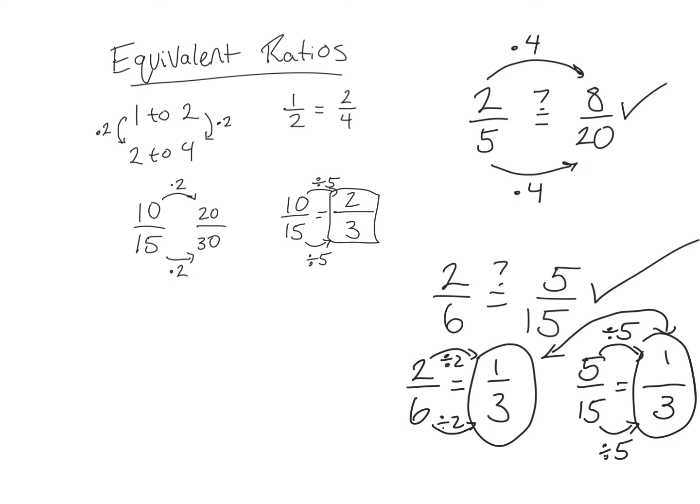And if the simplest forms are equivalent, the original ratios were equivalent. So that's what I would recommend doing if you can't do something like we did above, where we can easily take one of the ratios and multiply it by some whole number to get it to equal the other ratio. Testing the simplest form is going to work every time.